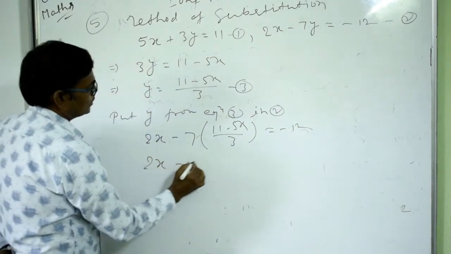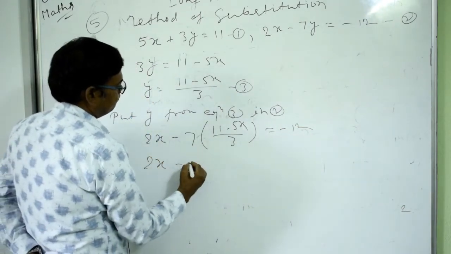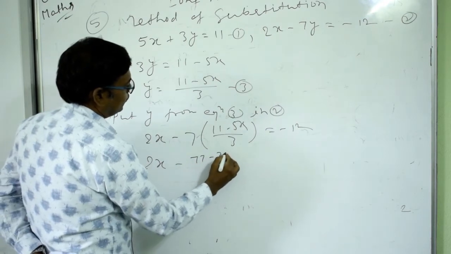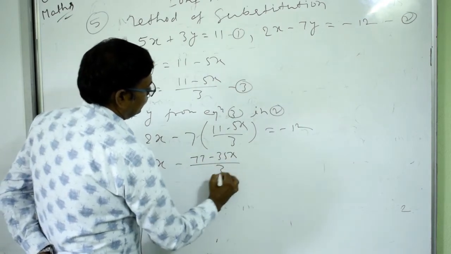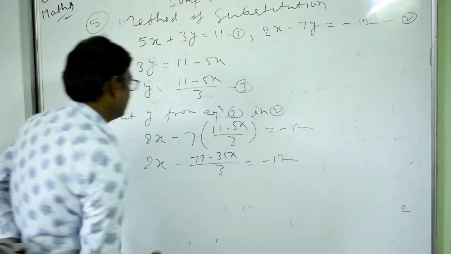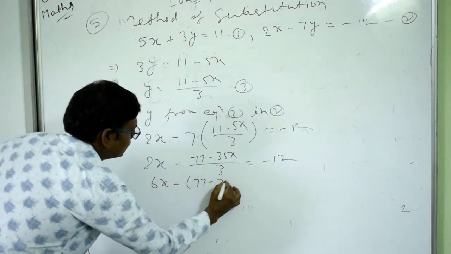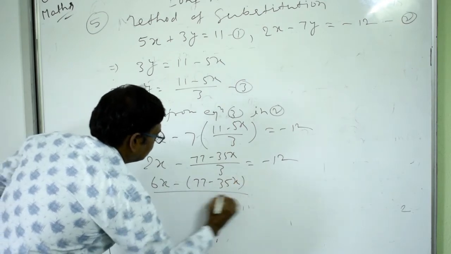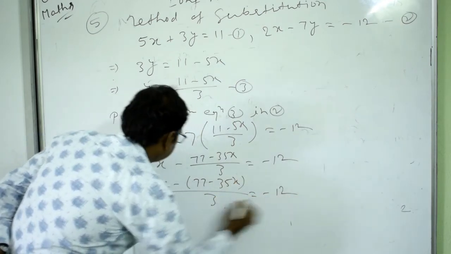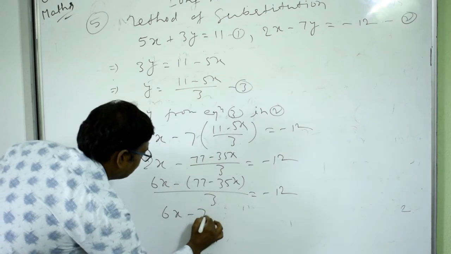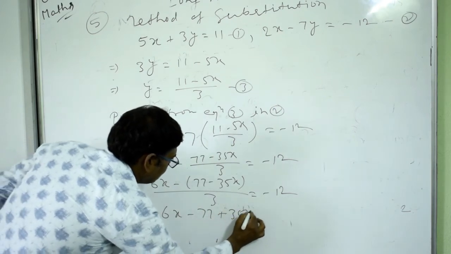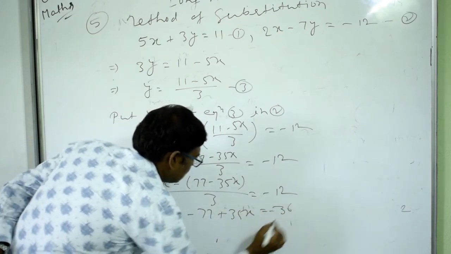So 2x minus 77 minus 35x by 3 equal to minus 12, and 6x minus 77 plus 35x equal to minus 36.